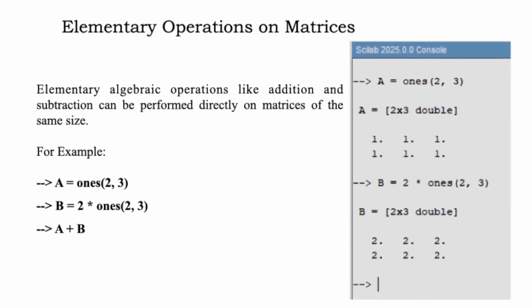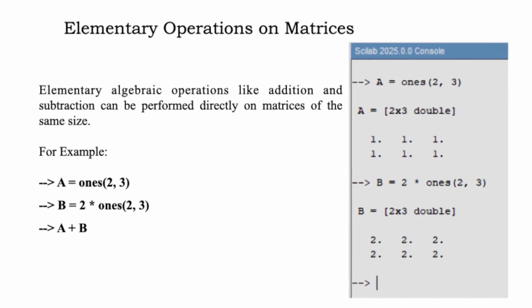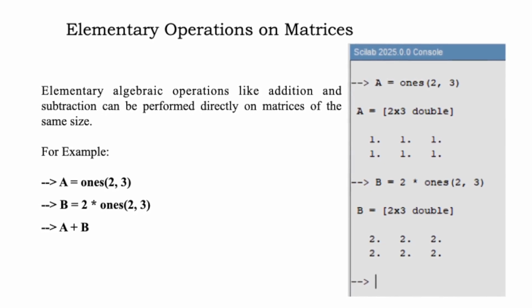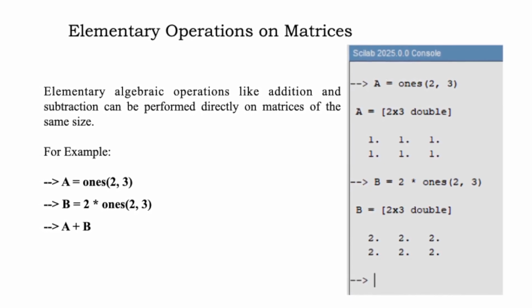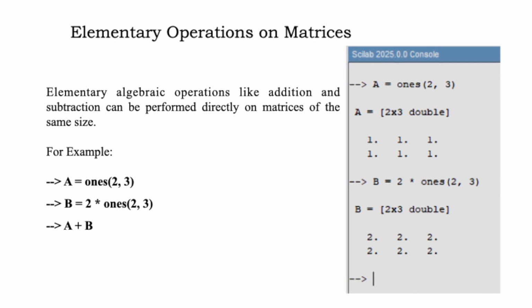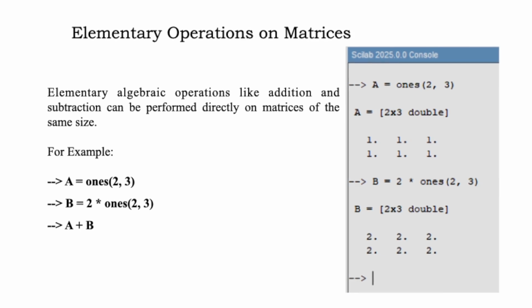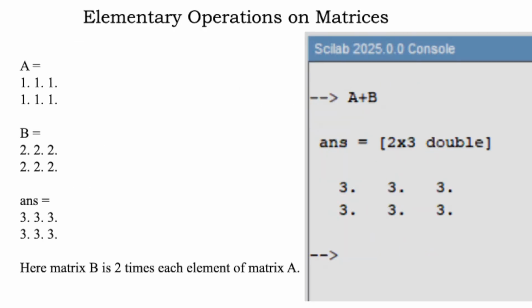Elementary algebraic operations like addition and subtraction can also be performed directly on matrices of the same size. For example, A = ones(2, 3), B = 2 * ones(2, 3), and A + B will produce the output shown in this slide.